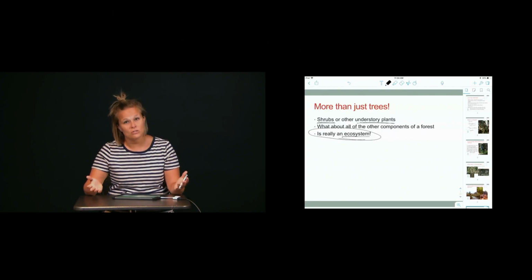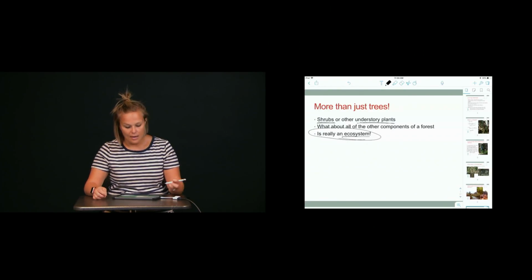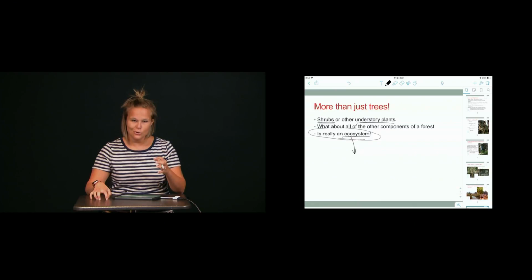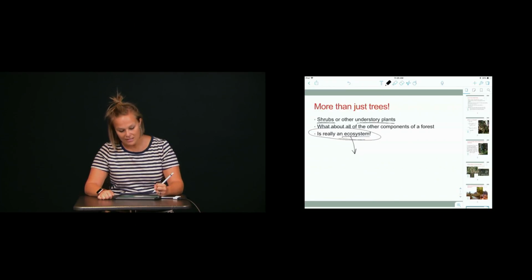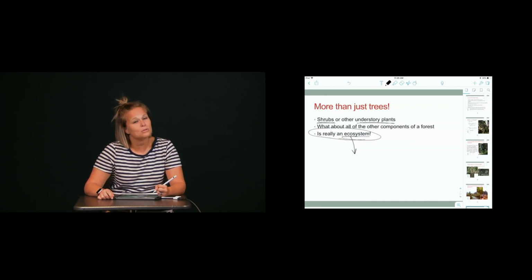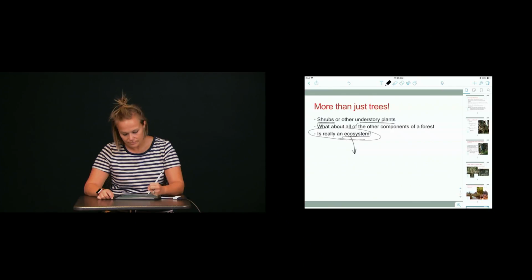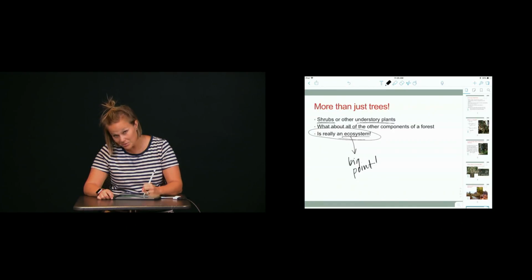When you think of a forest, you often think of trees. But you also have to consider the fact that it's with the trees, with the ground, with the understory, and the biota and abiotic factors that all work together to build an ecosystem that is habitable by multiple different things. So this is a big point to keep in mind, especially when we're talking about management.